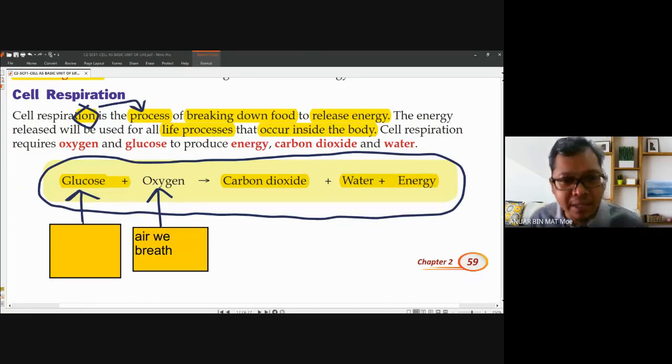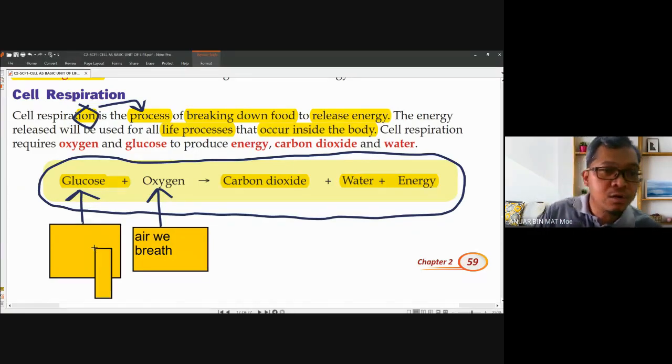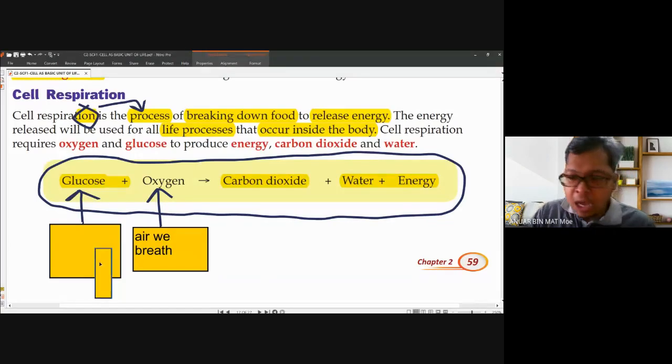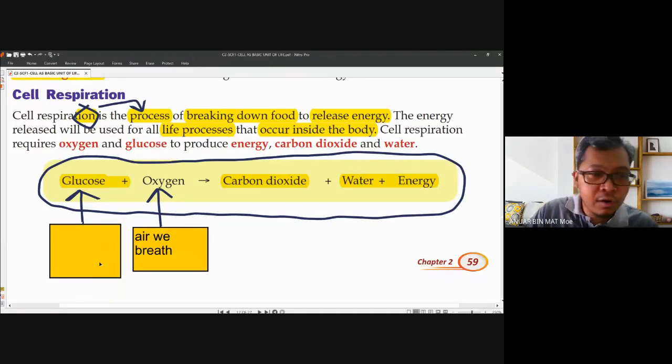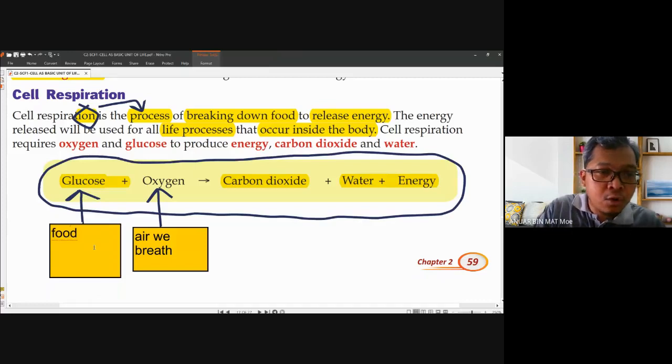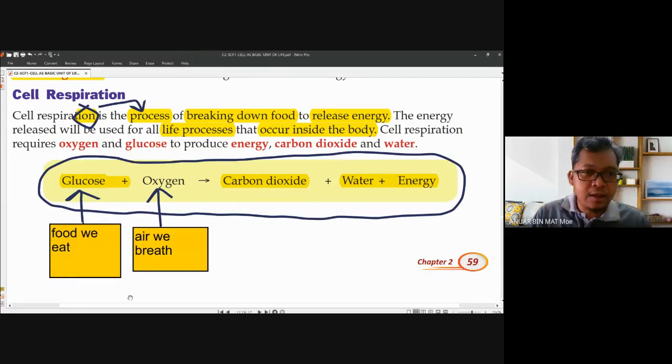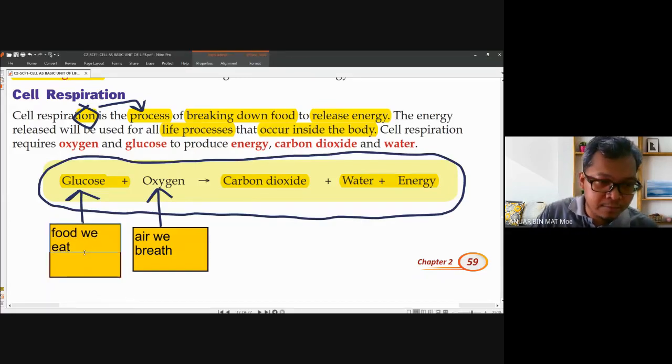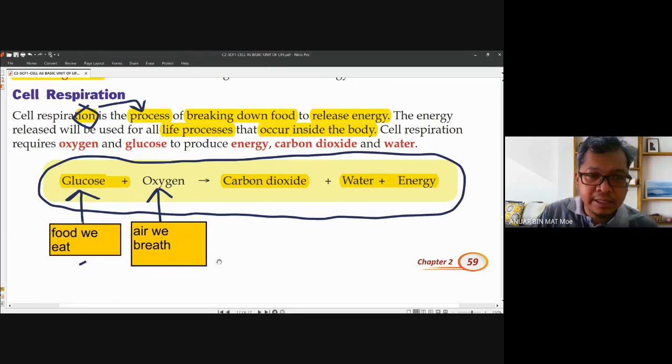You just remember. Yes, Kaiwan. Okay, very good. Glucose, you just remember, we all get the glucose from the food we eat. Okay, from the food we eat.